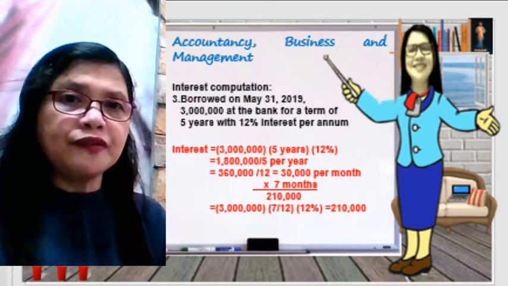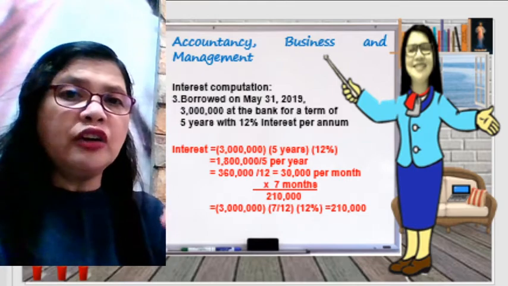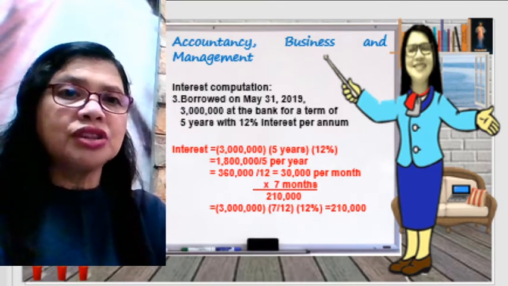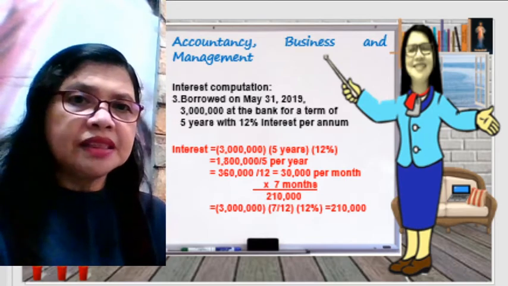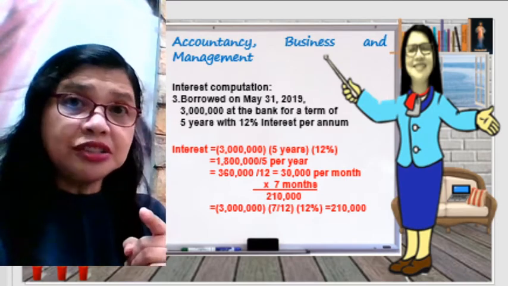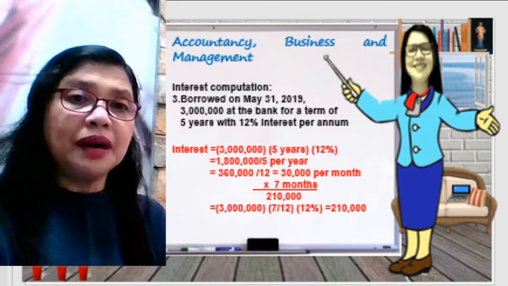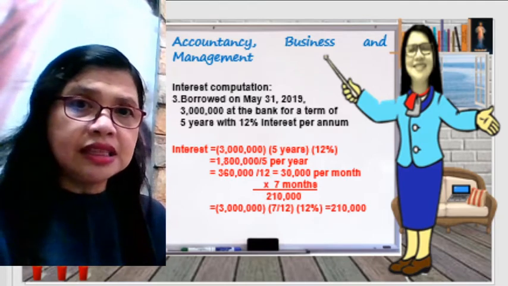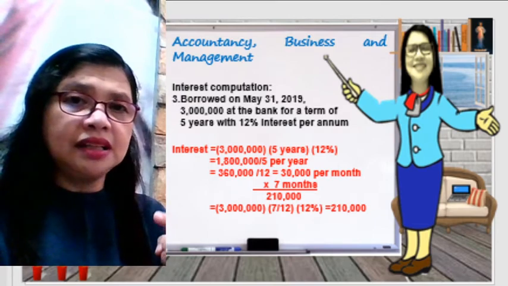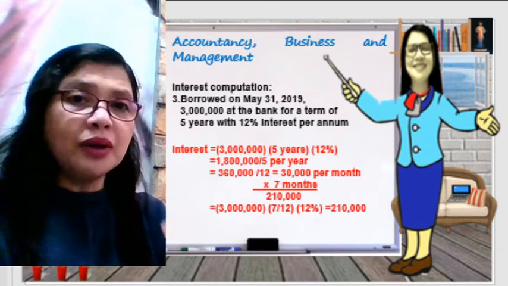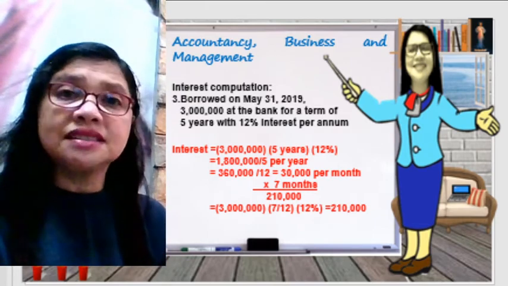So it will give us 1,800,000 interest for 5 years. But since we are paying on December 31, the loan payable until December 31 is 360,000 interest per year. You divide it by 12. So 30,000 per month. And because it has been since May 31 to December 31, that is 7 months.